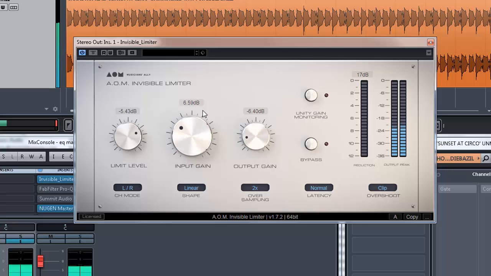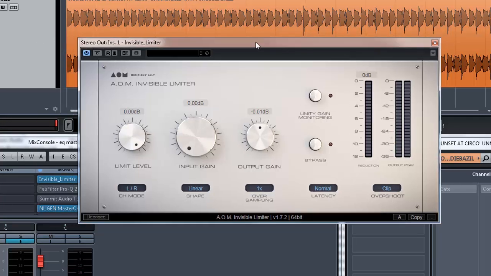If you want to go crazy, hammer the input, acres of threshold. Now you have color. My suggestion is stay on transparent. This is what this thing is built for.